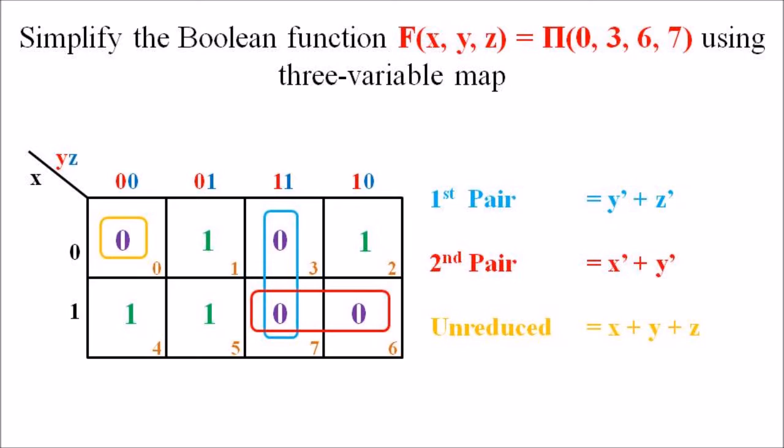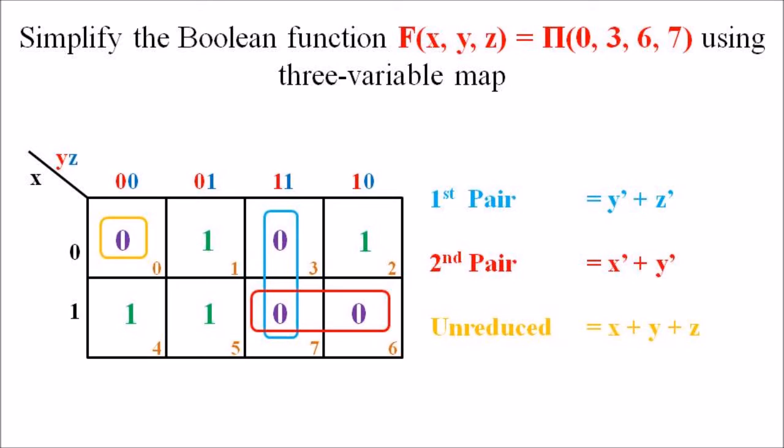That is, y equal to 1 means y complement and z equal to 1 means z complement. Since we are dealing with a POS expression, the reduced pair is written as y dash plus z dash. If we were dealing with an SOP, we would write it as y into z, but in the case of POS, the first pair is y dash plus z dash.